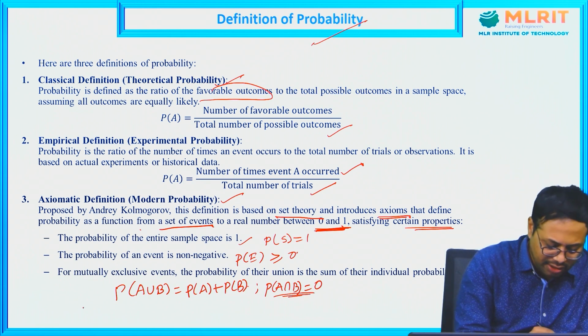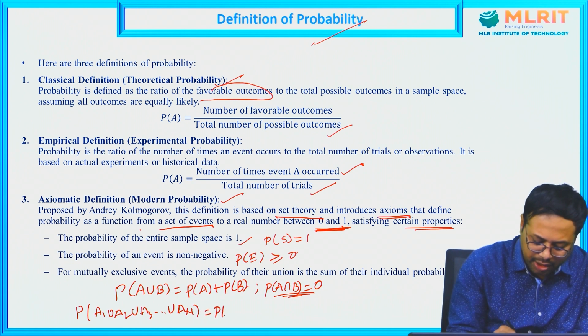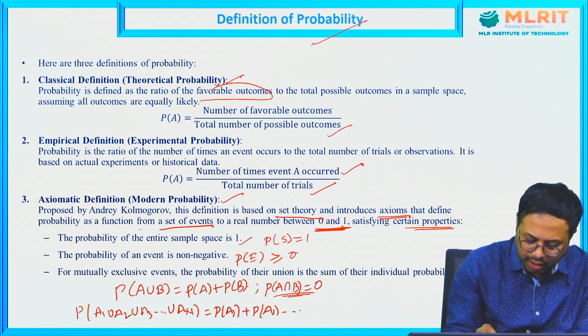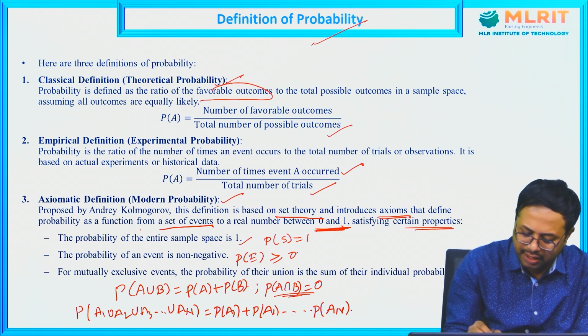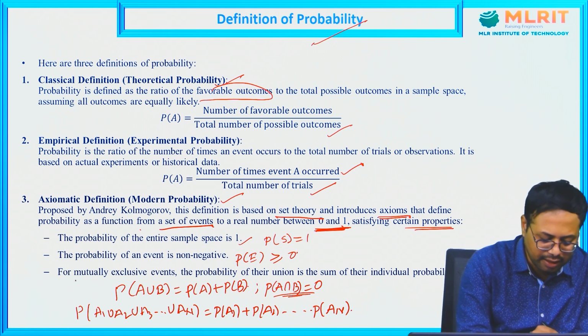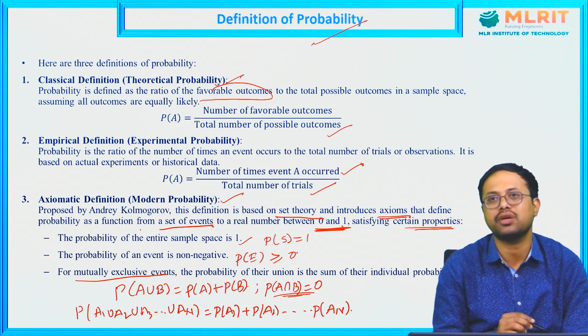You can also take n number of events: P of A1 union A2 union A3 and so on up to An equals P of A1 plus P of A2 and so on up to P of An, where the union is replaced with summation. This occurs only when the events are mutually exclusive. These are the three definitions of probability.